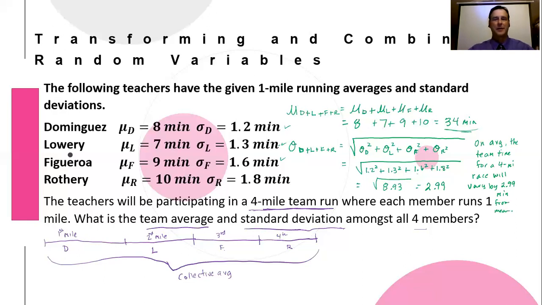Sometimes it'll be a little bit slower, sometimes a little bit faster, sometimes a lot slower, a lot faster, but on average, we should be about 3 minutes away from this 34. And there you go.